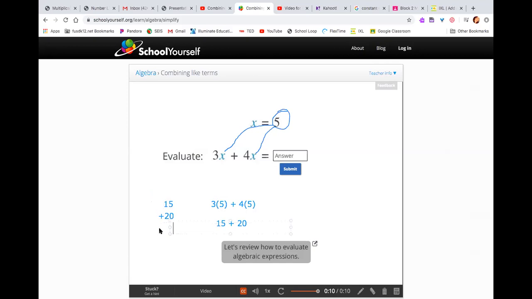Five plus 0 is 5, 1 plus 2 is 3, so we get 35.